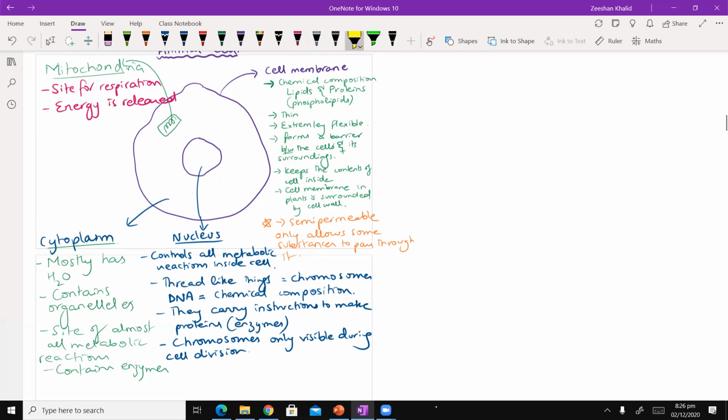I want to highlight this with a yellow color. You always have to use the word released whenever you're talking about energy. Never, ever write the word produced. So energy is released from mitochondria as a result of respiration, released because of respiration.